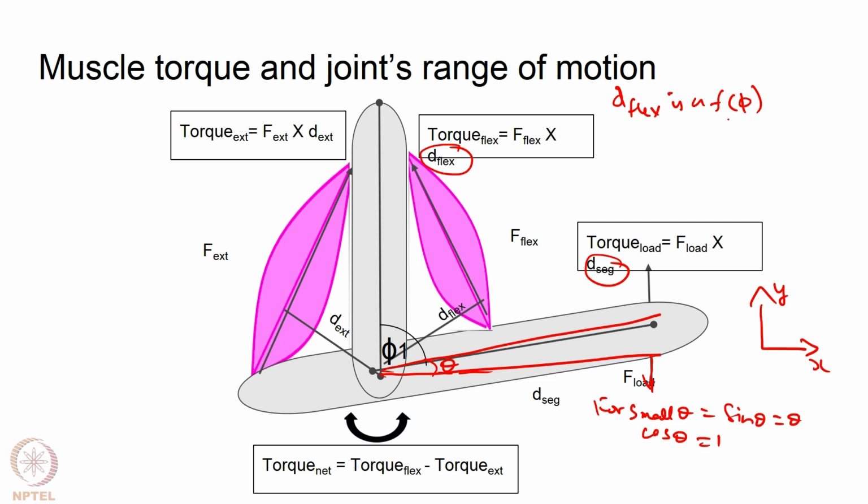So, if the joint has a range of motion of say 100 degrees, then at about 50 degrees you are going to have the maximum momentum. Okay. So, then the torque that is going to be produced is actually the product of this momentum and the force.